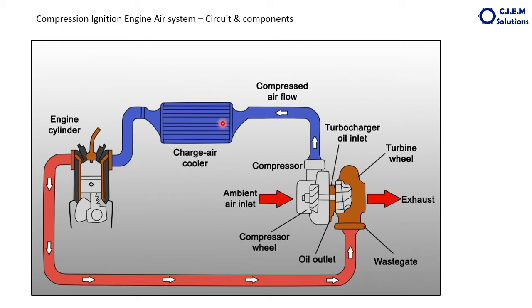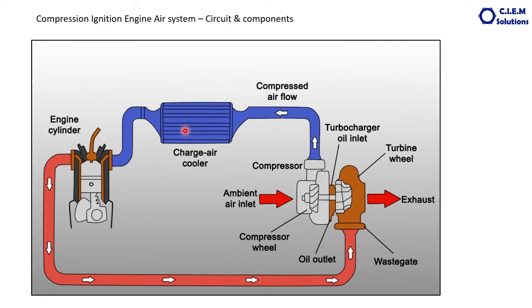There are two types of charge air coolers. One is the air over air type, meaning the air which is going to the engine will be passing inside the tubes. Externally there will be a blower or fan, which blows air over the external surface of the fins.